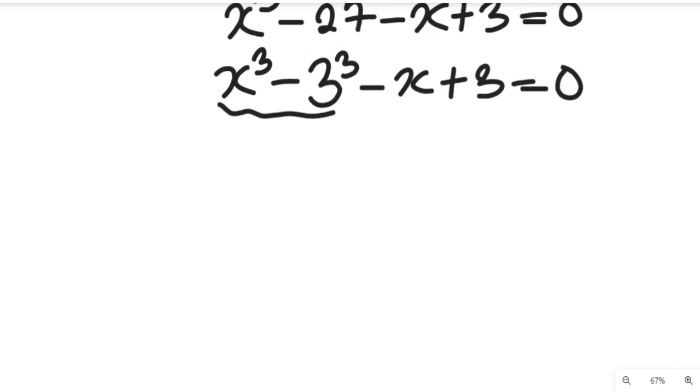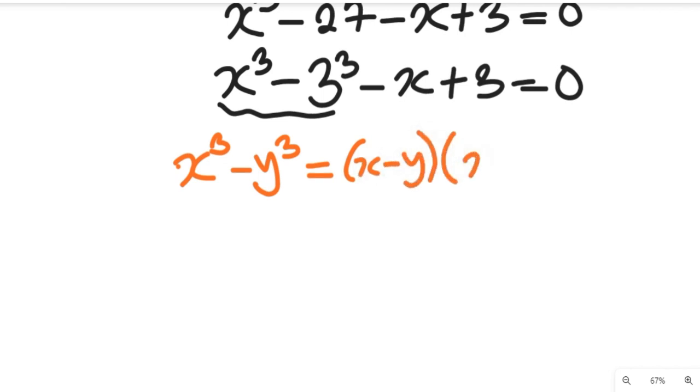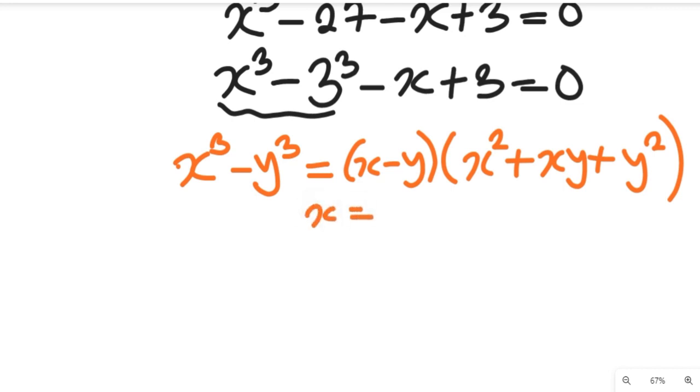In an algebraic formula, if we have x to the power of 3 minus y to the power of 3, this will be equal to x minus y on one hand multiplied by x squared plus x multiplied by y plus y squared. So we're going to apply that here, remembering that x will be equal to x, and then our y will be equal to 3. So let's apply that here.